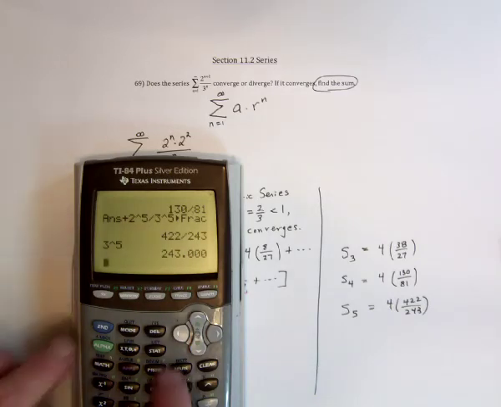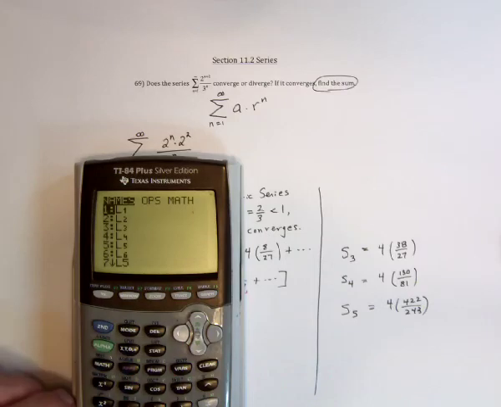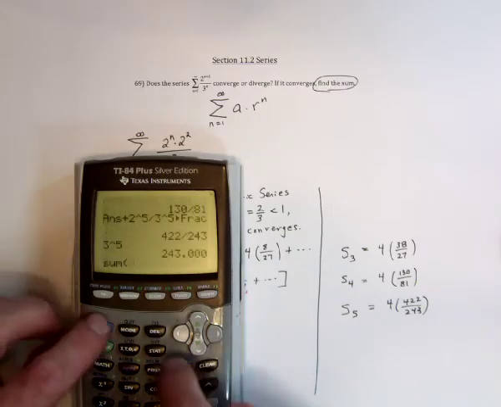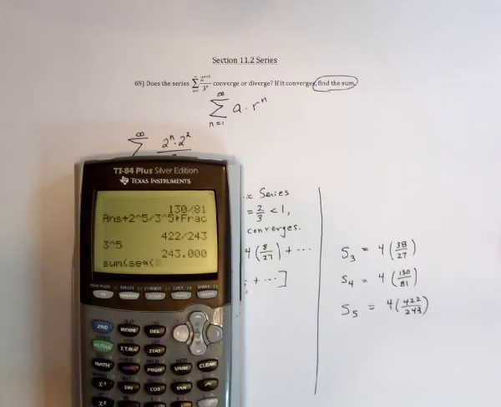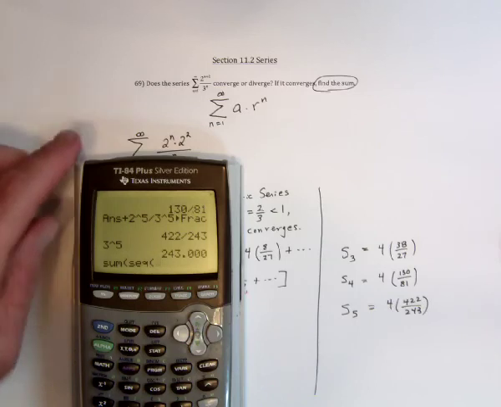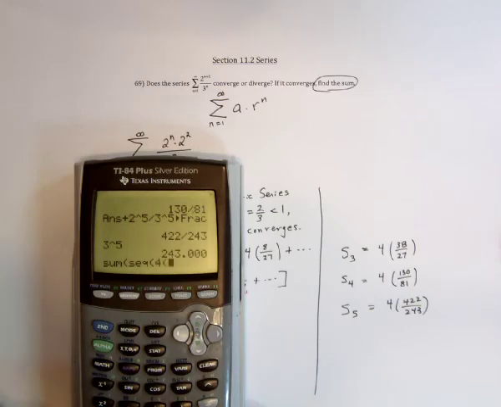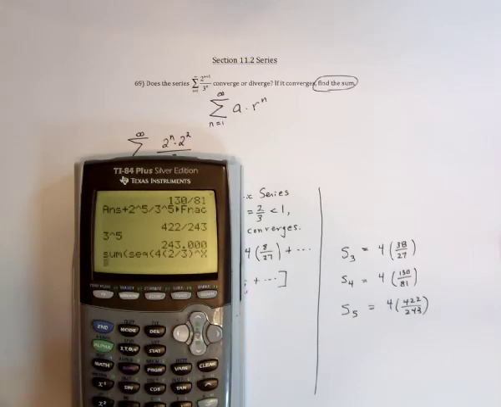Another way to do it is on the calculator, use sum sequence, and then the function is 4 with 2/3 raised to different powers as x goes from 1 to... So then you just try different numbers. Let's see, how about if you go 1 to 20?